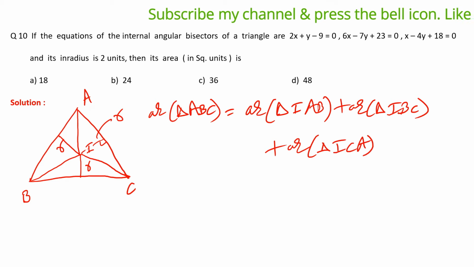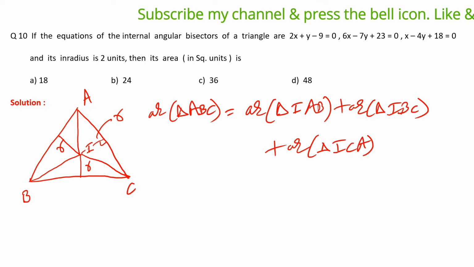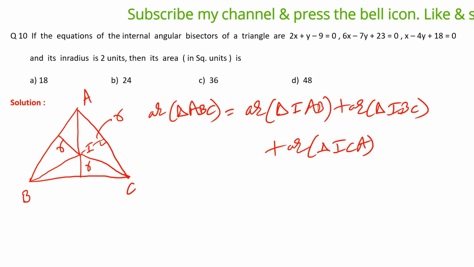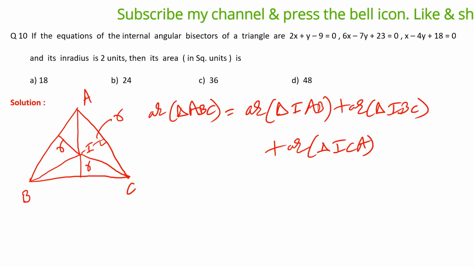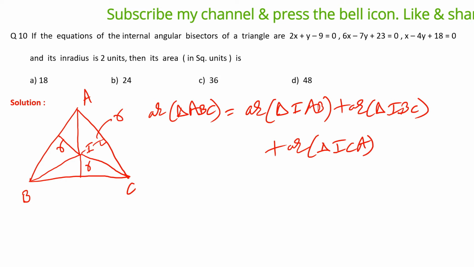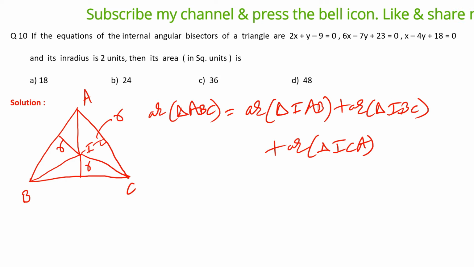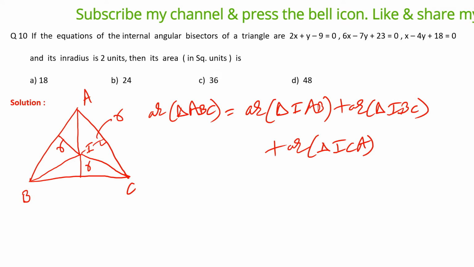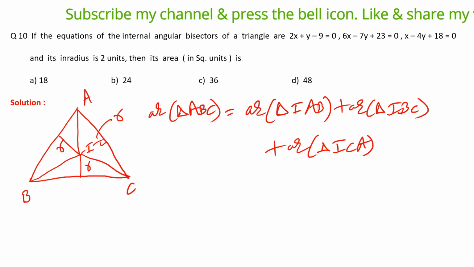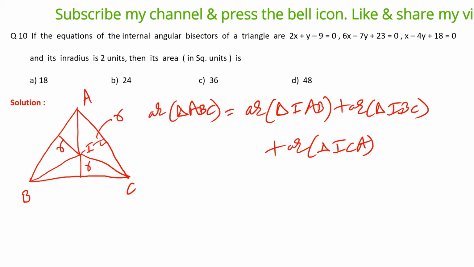Now we know that to find the area of any triangle, we can write it as half BC sin A. Now what is half BC sin A? It is half the product of two sides of the triangle into the sine of the included angle, right?